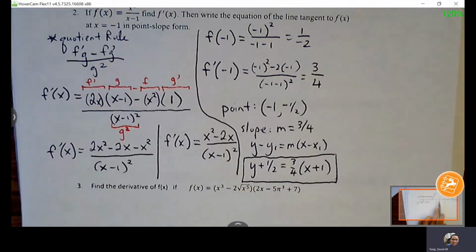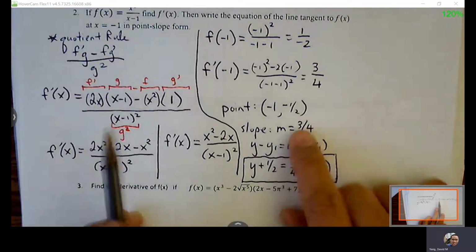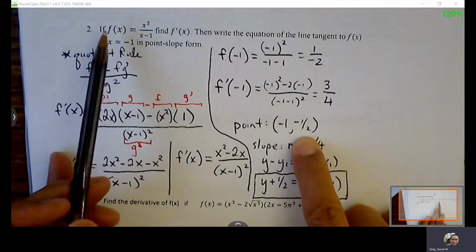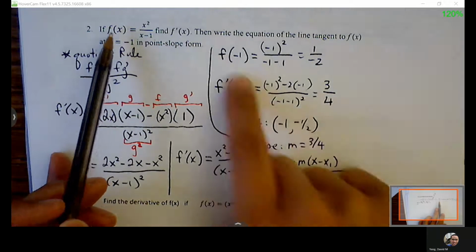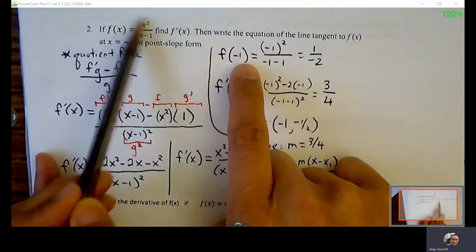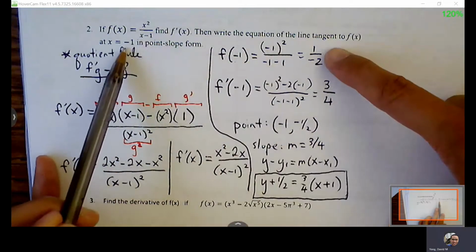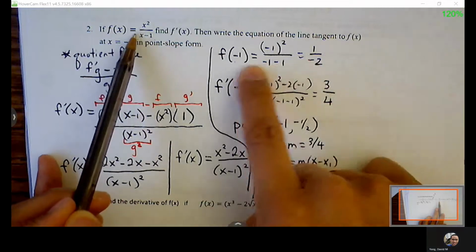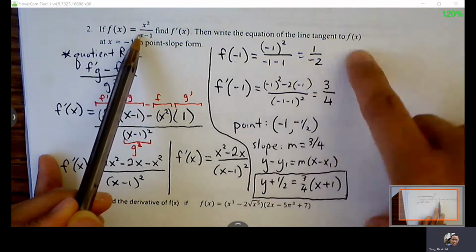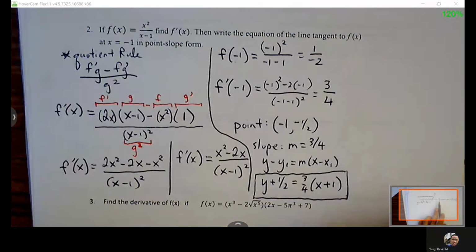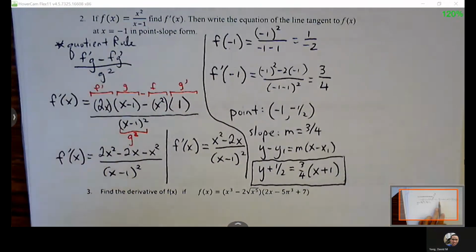Okay, any questions here? Where'd you get -1/2? Oh, the -1/2 came from the original function. Because I have to insert -1 into the original function to get the y value of my point. Okay, any questions here?